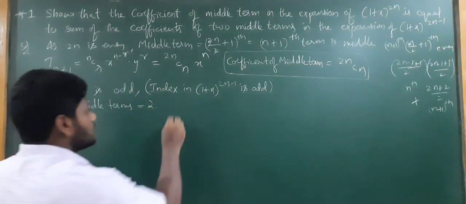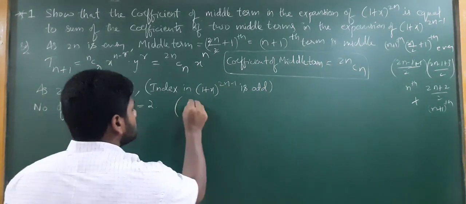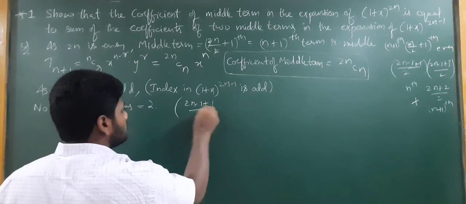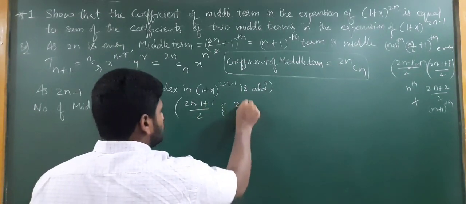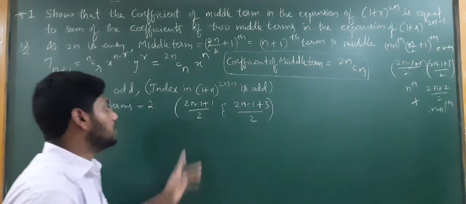What are those two middle terms? As 2n minus 1 is an odd number, they are the (2n minus 1 plus 1) by 2 and (2n minus 1 plus 3) by 2 terms. So these two terms are middle terms.